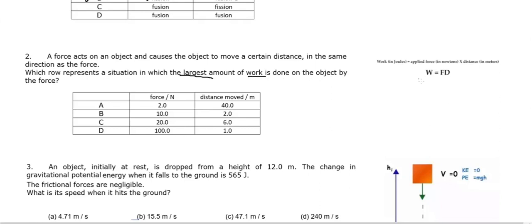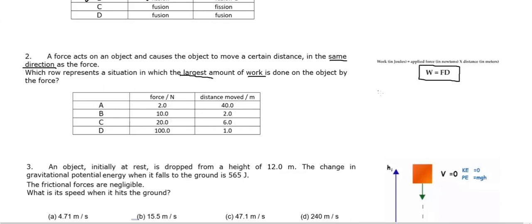We know work is nothing but force multiplied by the distance in the direction of the force. It is already given that the distance is in the same direction as the force, so we just need to multiply, and by multiplication we can understand which is the highest.